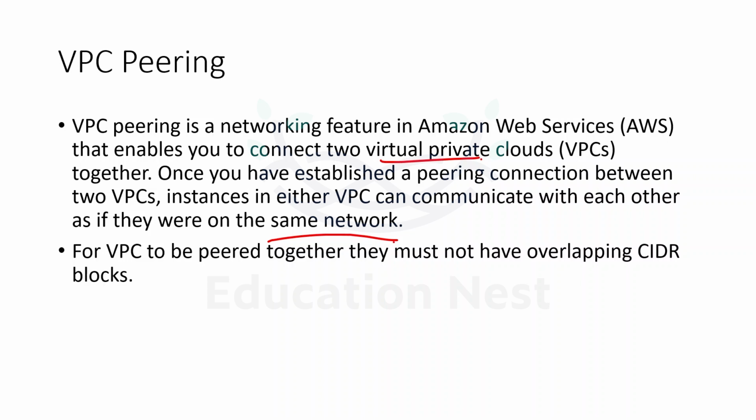You can work with inter-region or intra-region. The connection is private and secure, and it will not require any kind of internet gateway. This can be useful in scenarios where you want resource sharing between VPCs, moving data between VPCs, or when you want to migrate your workloads from one VPC to another.